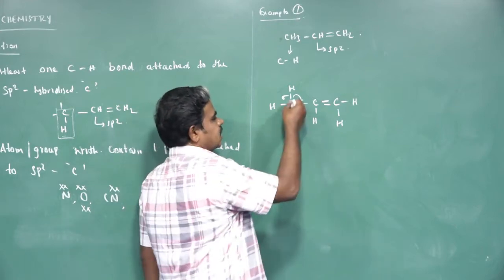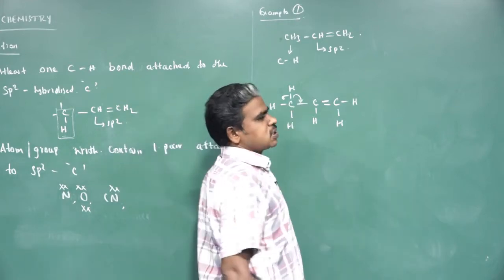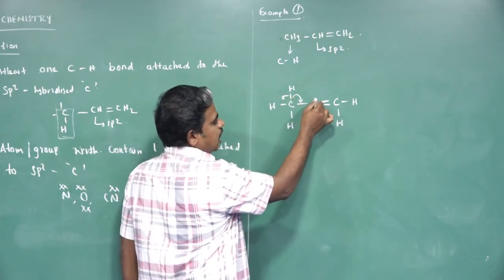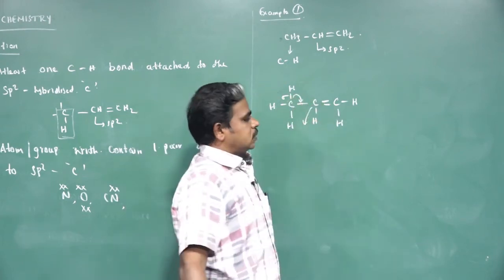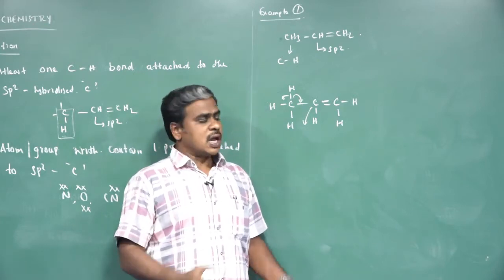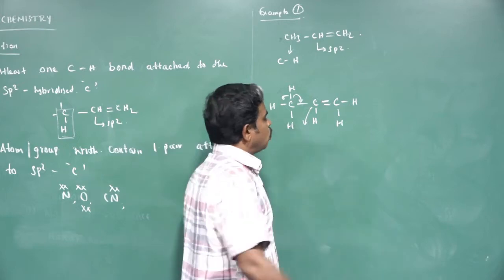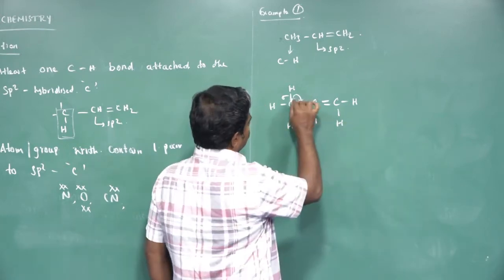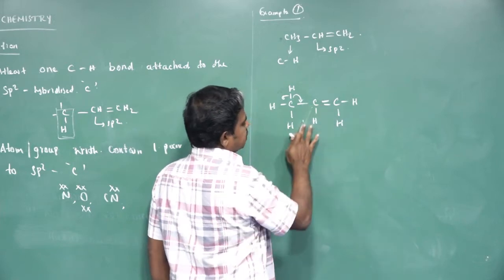Then it is known as delocalization. It is continuously moving. So, sigma bond delocalization is nothing but hyperconjugation, and it is adjacent to a vacant or empty p orbital. So, it will get delocalized here.